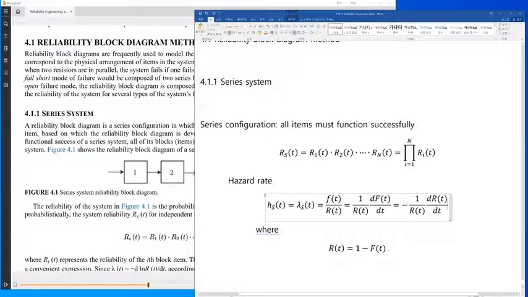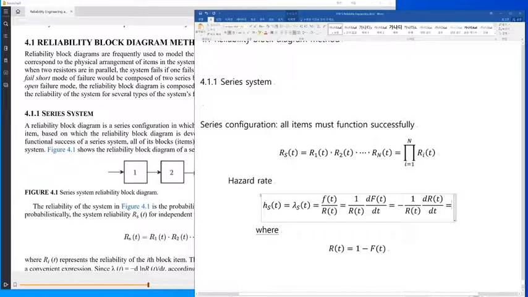And if we have 1 over R multiplied with dR/dt, that is the same as if we differentiate the log of R(t).